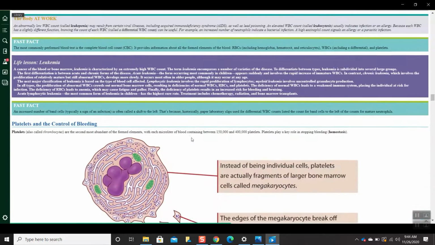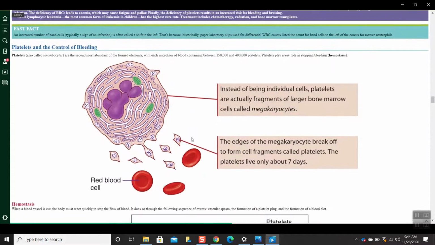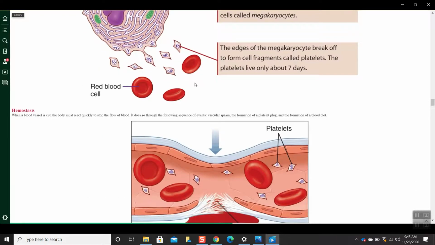Platelets and blood control. Remember, a platelet is a type of formed element. They play a key role in stopping bleeding. So you want to have an adequate amount of platelets in order to be able to stop bleeding.